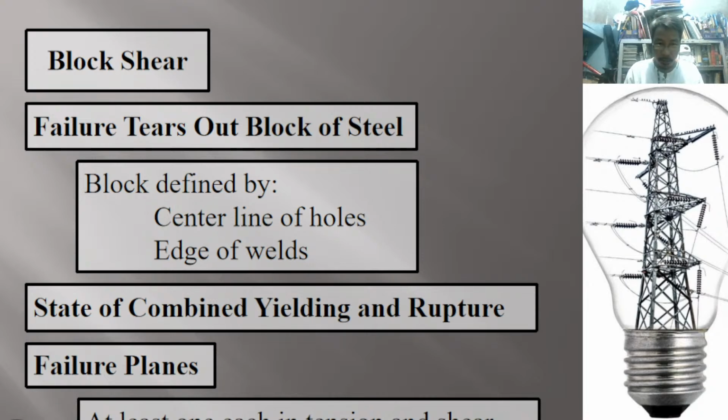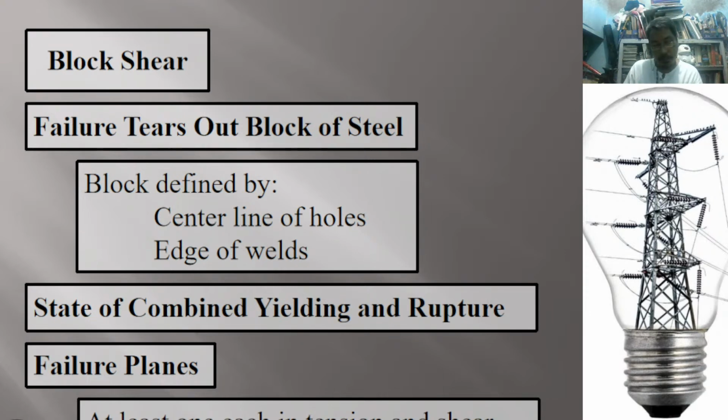Okay. So what we already learned from yielding and rupture. Yielding, we use the gross area. Rupture, we use the net area or the effective area. Okay. So failure planes, we have at least one each in tension and shear.